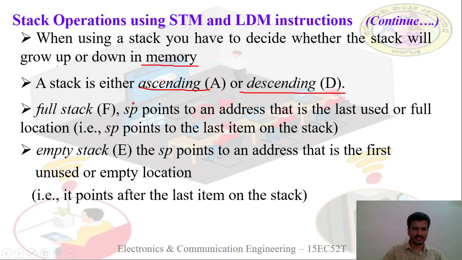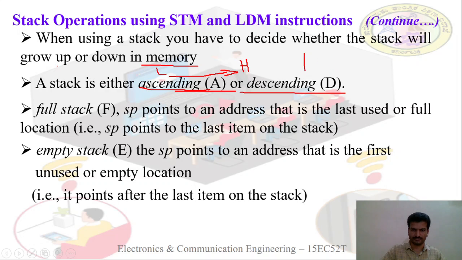So first one is the ascending stack. Ascending stack grows in the upper direction. It starts from the lowest memory address, and as data items are pushed onto it, progresses to higher memory address. So ascending stack means from lower address to higher address. So it is growing up. Whereas descending stack grows downward.